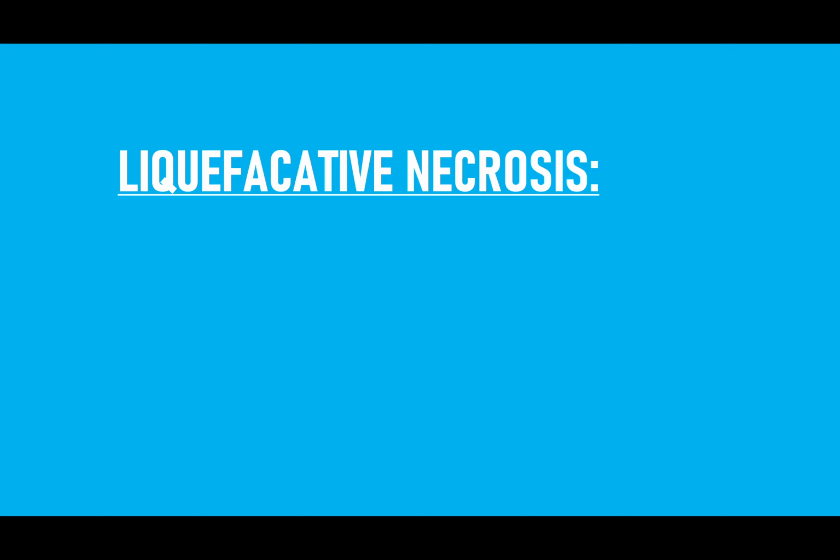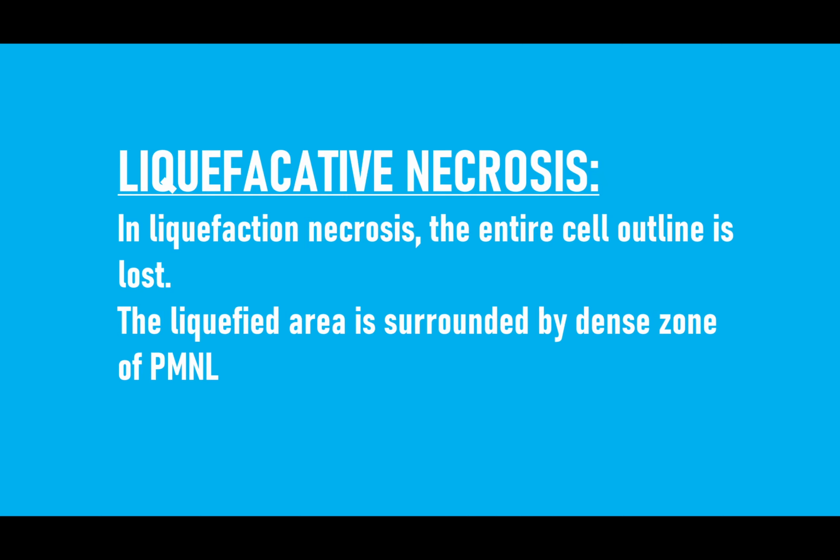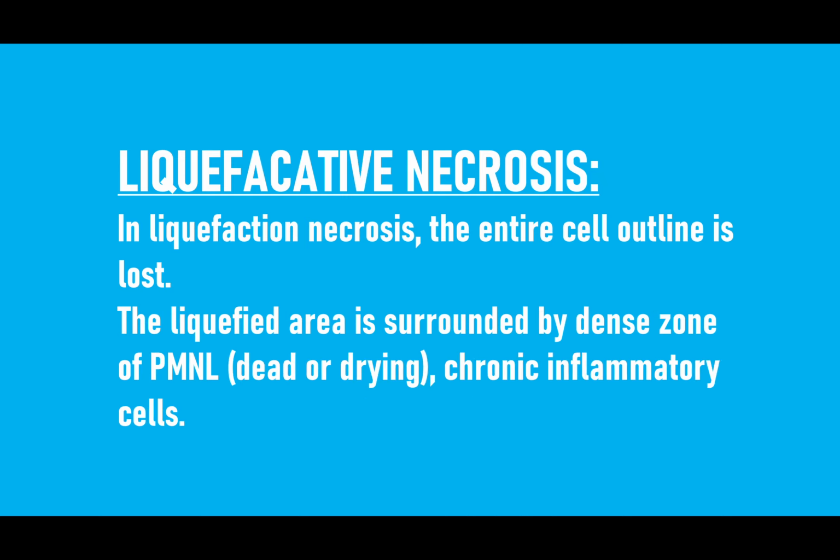The second type of necrosis is liquefaction necrosis. In liquefaction necrosis, the entire cell outline is lost, so it can be recognized on simple microscope and in early stages. The liquefaction area is surrounded by a dense zone of polymorphonuclear leukocytes, which are inflammatory cells.